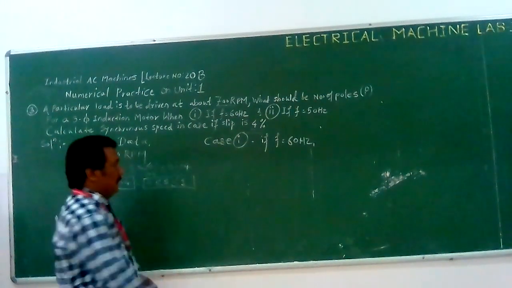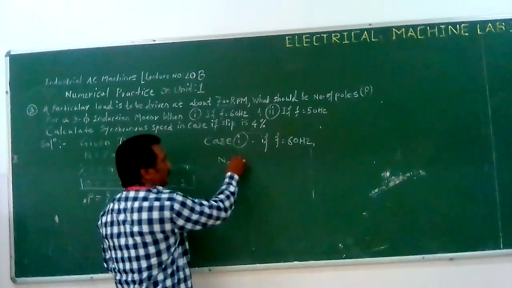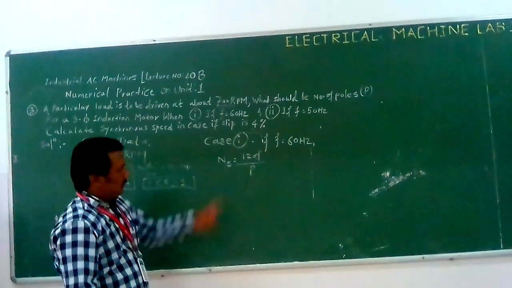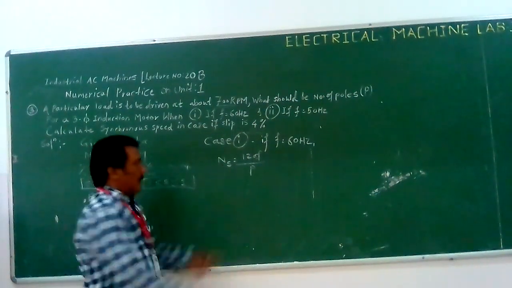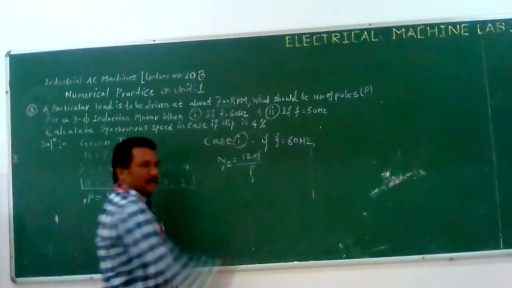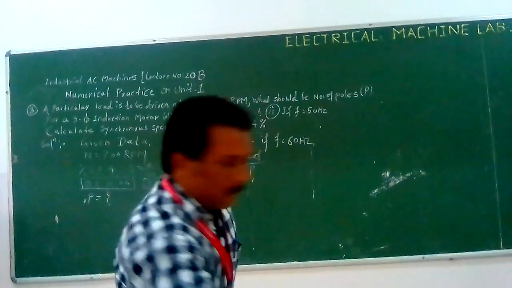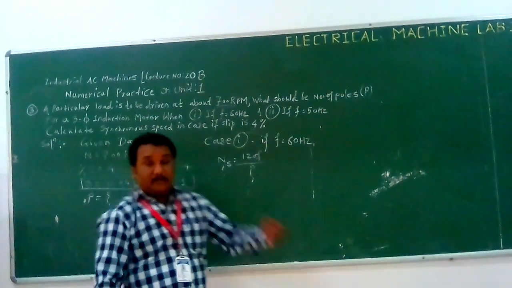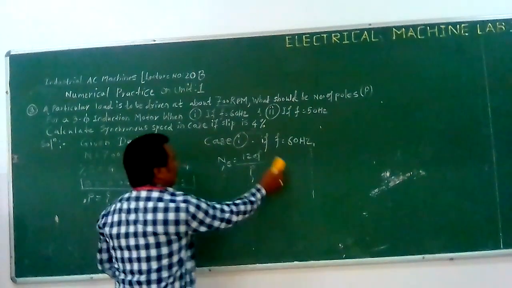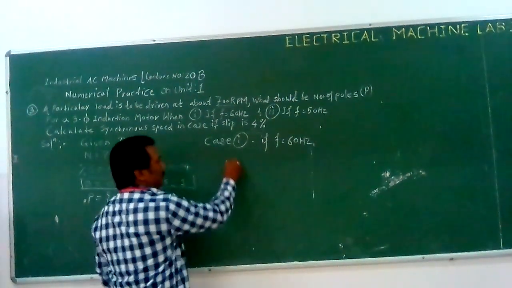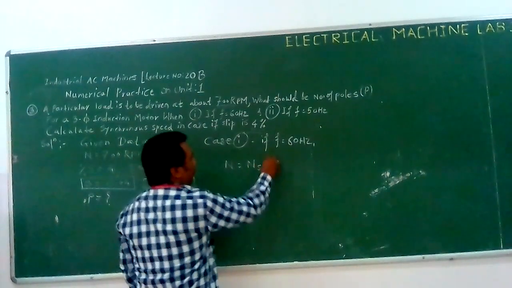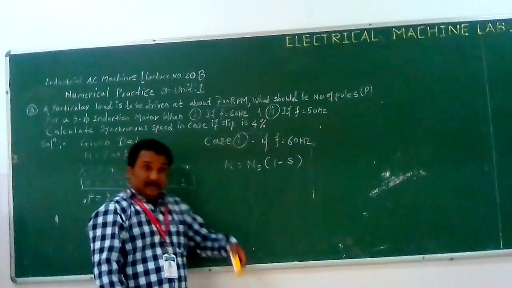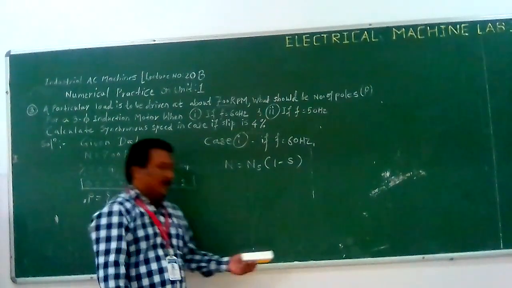Now, using the formula for synchronous speed, Ns is equal to 120 f upon P. In this case Ns and P are unknown, so we cannot use this formula. But one formula derived in the previous lecture is N is equal to Ns into (1 minus S).